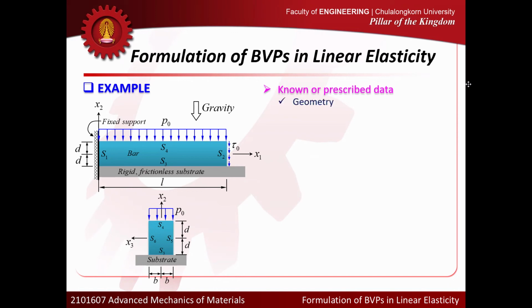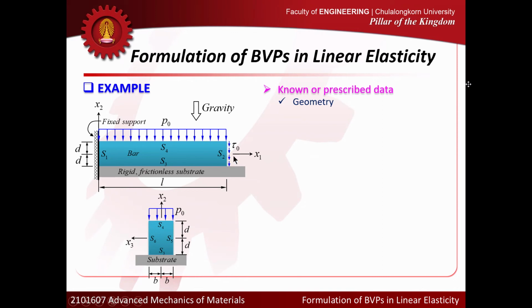So the first information is the geometry. We need to know the geometry of the body that we are interested in. Here we look at the bar, which occupies a region in Euclidean space. For convenience, I choose the coordinate system with the origin at the centroid of the cross section at the left end.